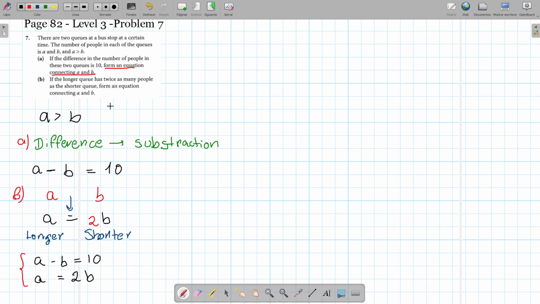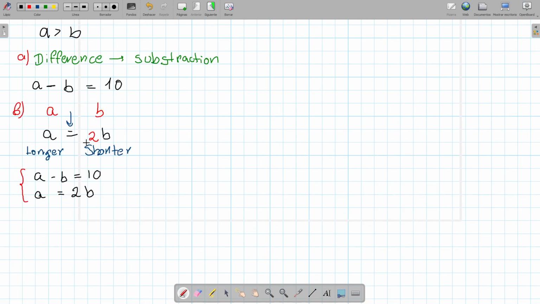From now we can work with the method that we like, the one that you prefer. I will work with the elimination method. In order to work with the elimination method, both equations should have a and b on the left side and the number on the right side.